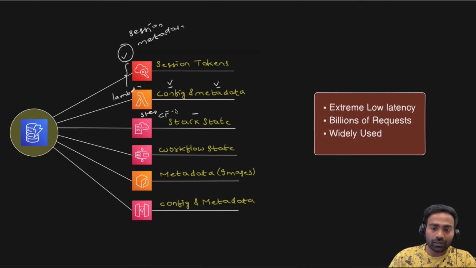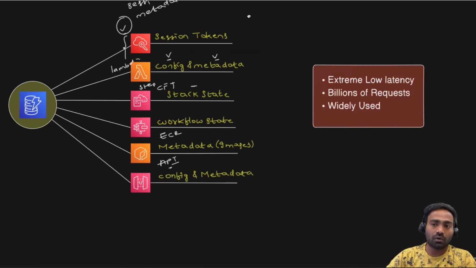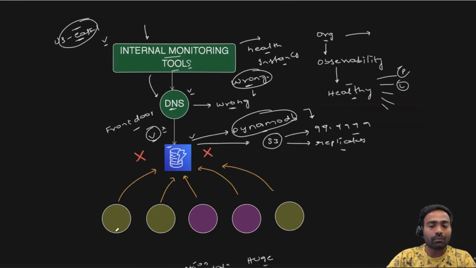Sorry, this is CFT, right? Let's say you're working with ECR or you're working with API Gateway. In all of these cases, if you try to understand the dependency of AWS on DynamoDB, it is huge. Now, because of this reason, although DynamoDB is severely impacted, it impacted all the major services of AWS.